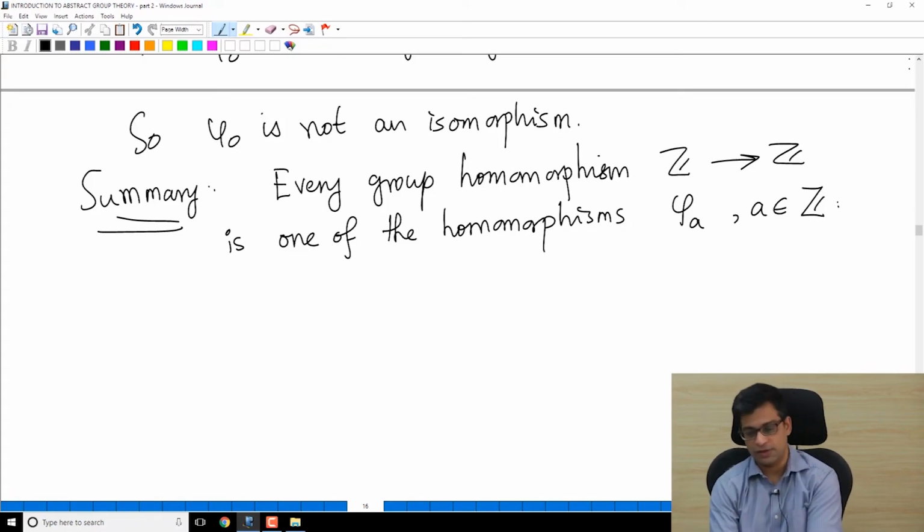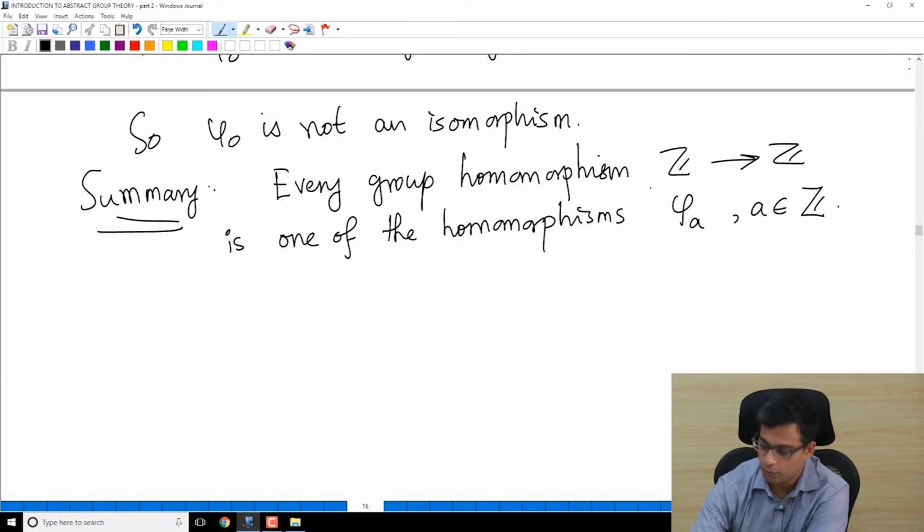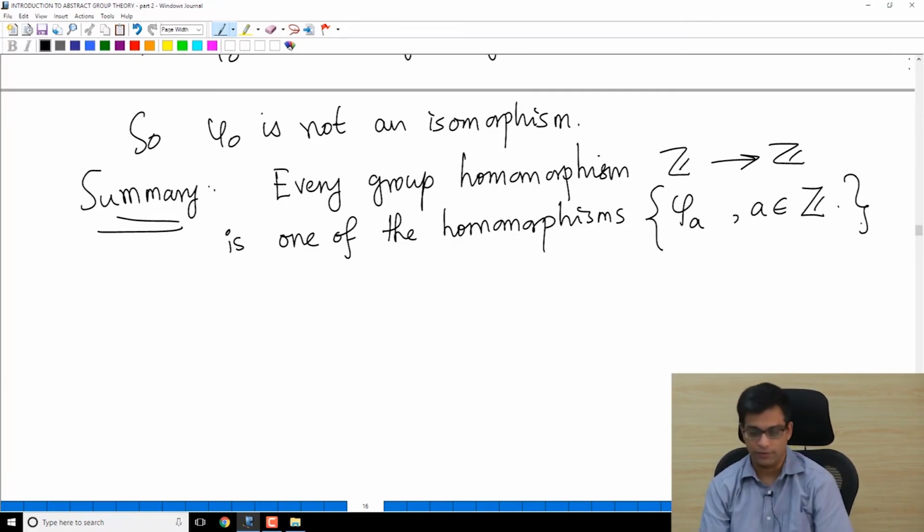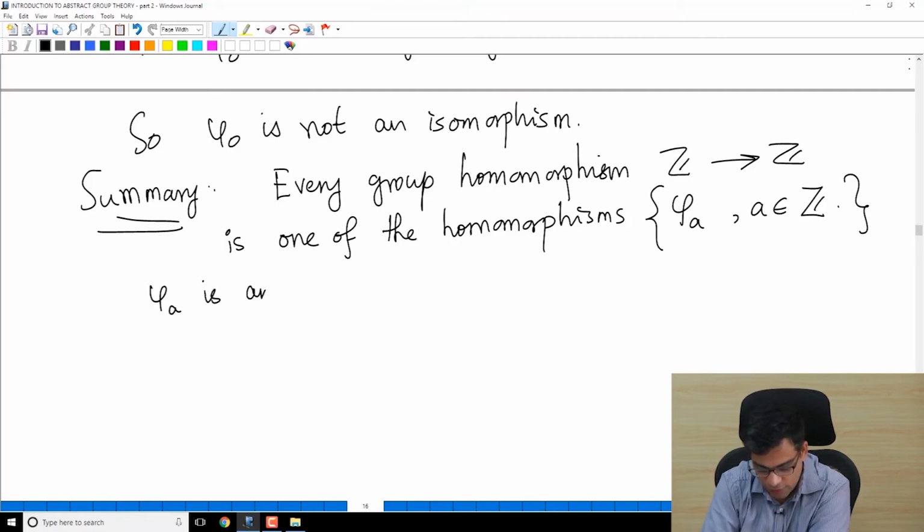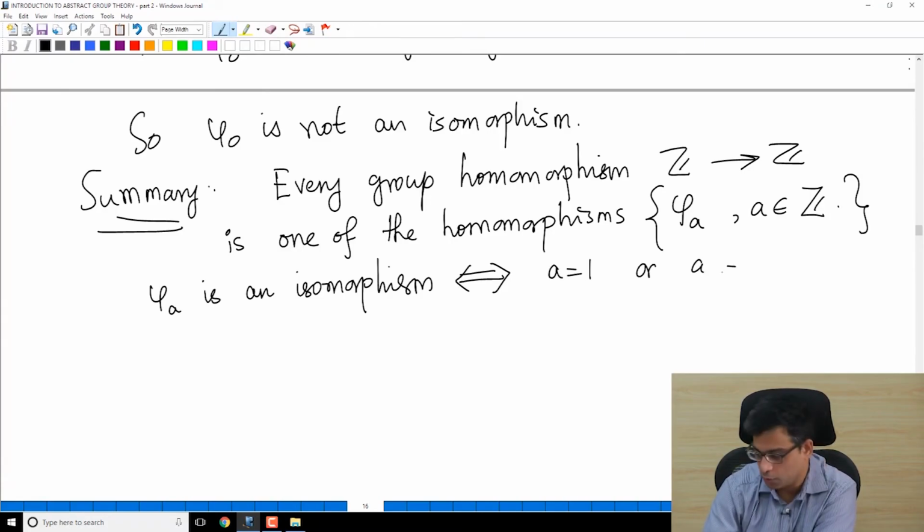Determine all group homomorphisms from Z to Z. They are of the form phi A as A varies in Z. These are all the homomorphisms. So phi A as A belongs to Z is the set of all homomorphisms. Phi A is an isomorphism if and only if A is 1 or A equal to minus 1.